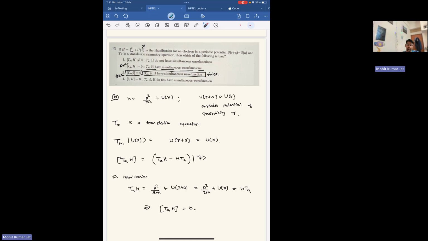Now in the next option, P and H is equal to 0. This is false. Why?